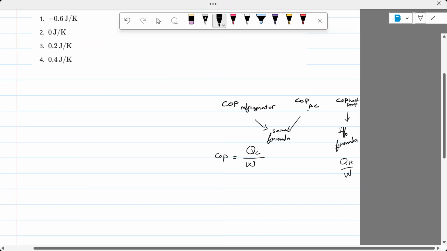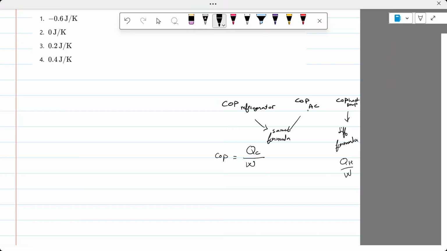Now, for the AC, I am removing heat from the room to the outer surrounding, which is the outdoors. The outdoors is at a higher temperature, so I'm removing a QC and throwing it in QH, right? I'm doing work to take QC from the interior of the colder room to the outside. So again, my outcome is to remove QC.